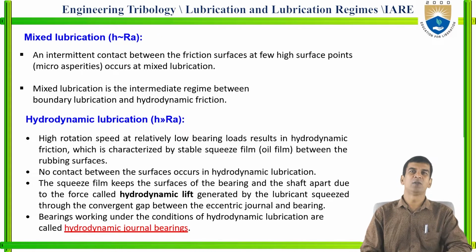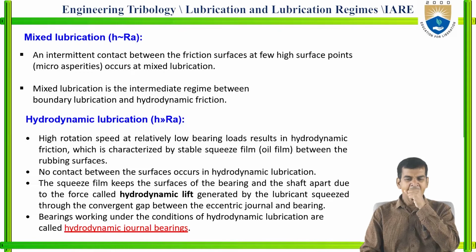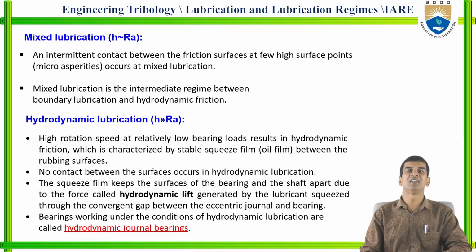Now we will look at mixed lubrication. In the previous slide, we saw boundary lubrication, where h is less than Ra. In mixed lubrication, h is approximately equal to Ra, where h is the oil film thickness and Ra is the surface roughness.